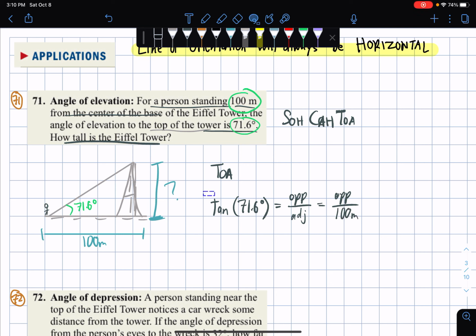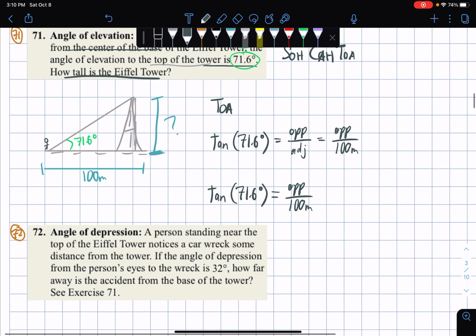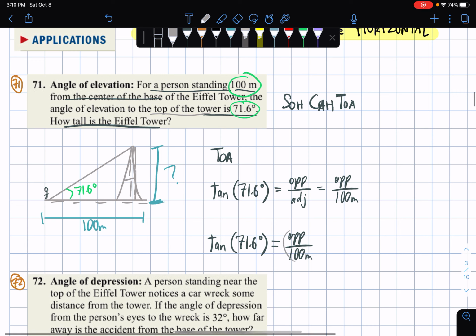So let's just rewrite everything here. There you go. Multiply both sides by 100. There you go.